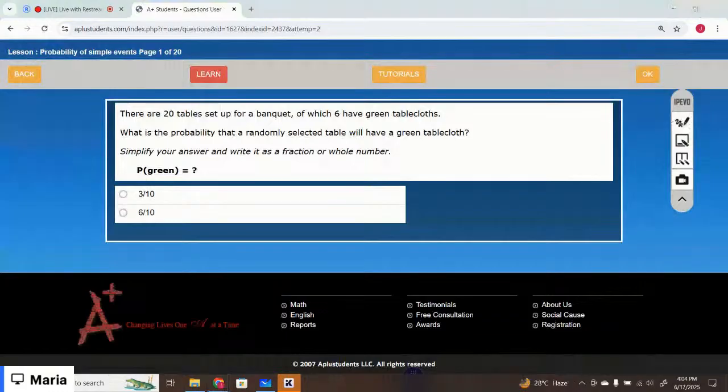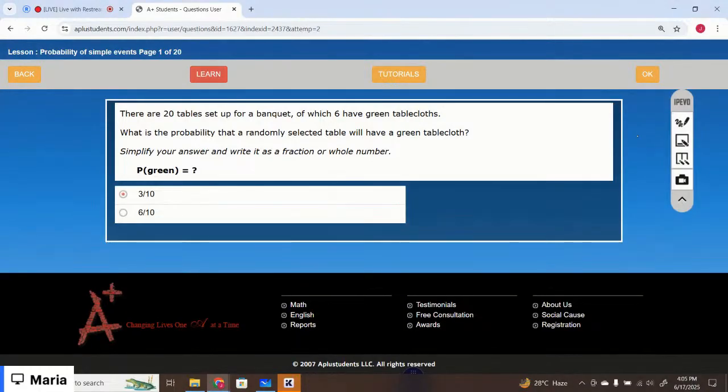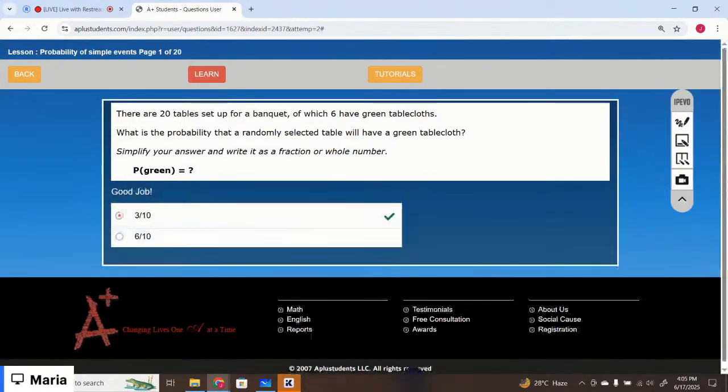So we need to find the probability of green. That is 6 green tablets and the total tablets are 20, that is 6 over 20. That is 3 over 10. Option number 1 is the correct option. That is 3 by 10.